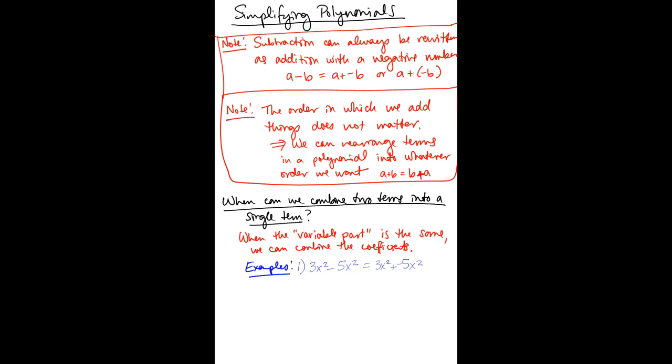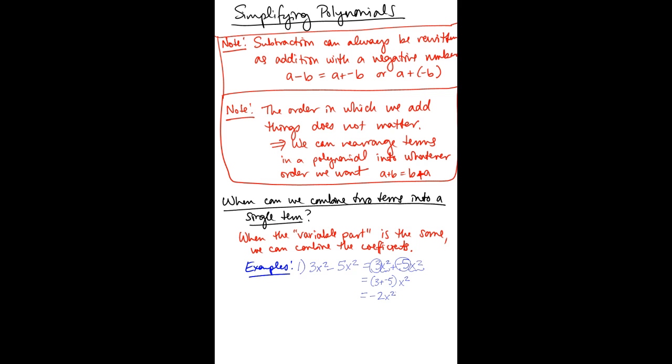We can see that the variable part is the same. Here's the variable part, the x squared and the x squared. These are the same. The coefficient parts, which are 3 and negative 5, can then be added. So we get 3 plus negative 5 times the variable part, which is x squared. So we will get in total negative 2x squared.